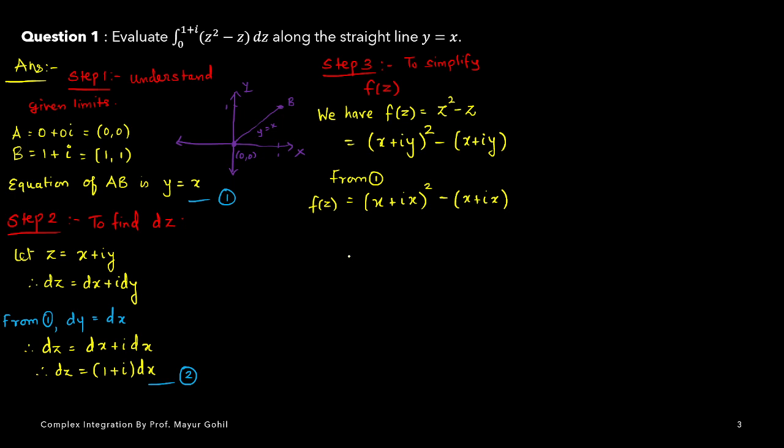That is what is the meaning. Further, I can separate this a bit, and write x squared taken common, times 1 plus i squared, minus x taken common, 1 plus i.